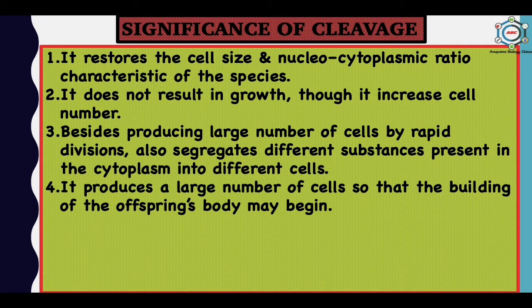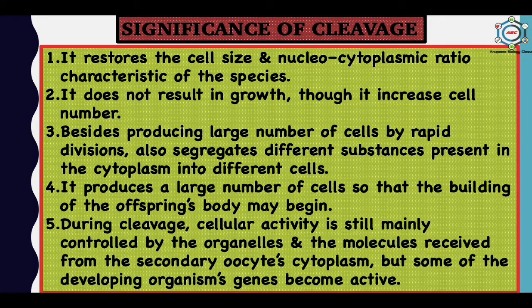It produces a large number of cells so that the building of the offspring's body may begin. During cleavage, cellular activity is still mainly controlled by the organelles and molecules received from the secondary oocyte cytoplasm, but some of the developing organism's genes become active.